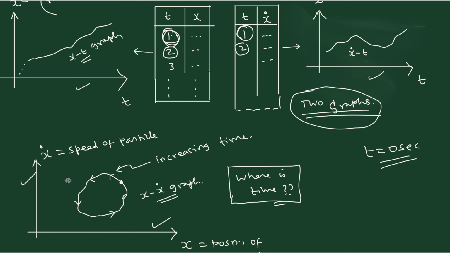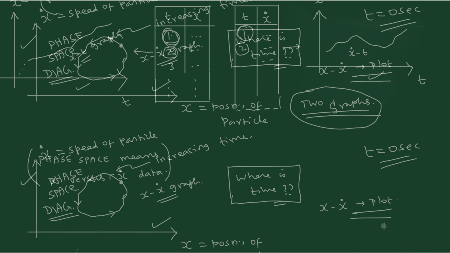So this is what is known as a phase plot, the phase space diagram: a plot between x and x dot. What is meant by phase space is a plot between x and x dot. Such a plot is known as a phase space plot.